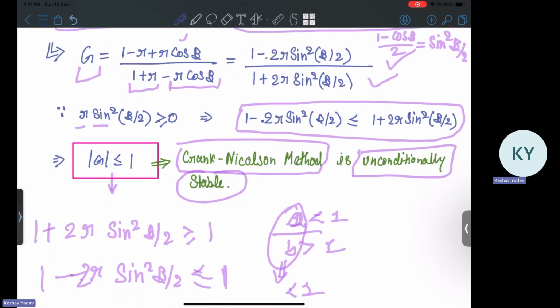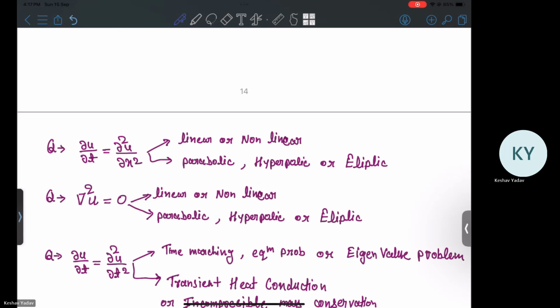We'll solve some problems. So suppose we have this equation, del u upon del t will be equal to del 2 u upon del x square. I need to find out whether this equation is linear or non-linear, parabolic, hyperbolic, or elliptic. So what is this type of equation?